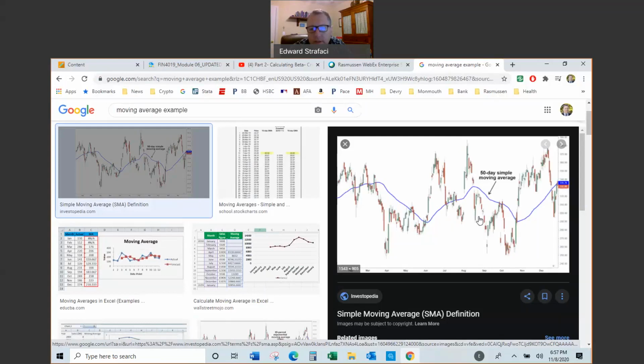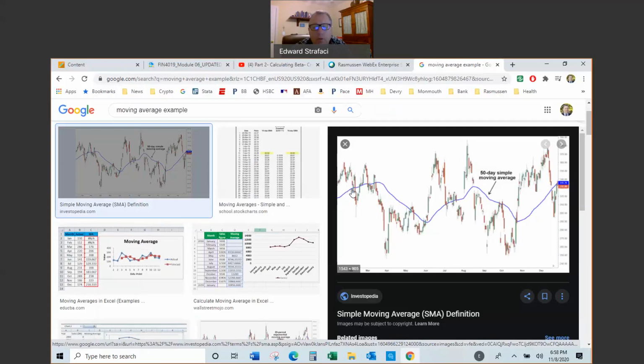But if I average these things, usually like a 50-day average, what I'm going to get is a smoother line. So I take 50 days' worth of data and I turn it into an average. And then on the next day, I take the next 50 days; in other words, I'll take days 1 to 50 here, and then in my next day, I'll take days 2 to 51, and then 3 to 52.